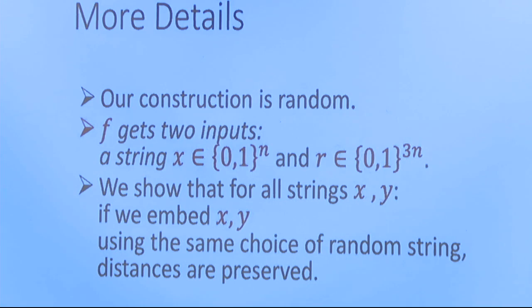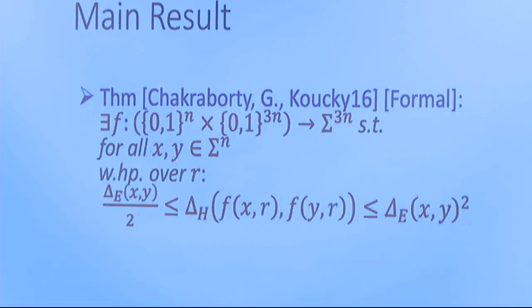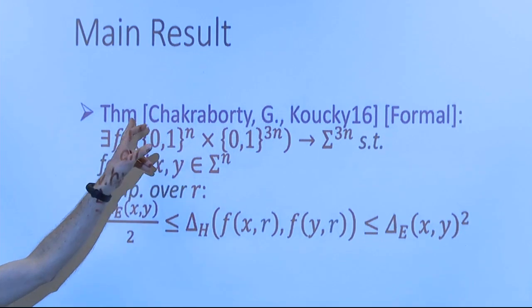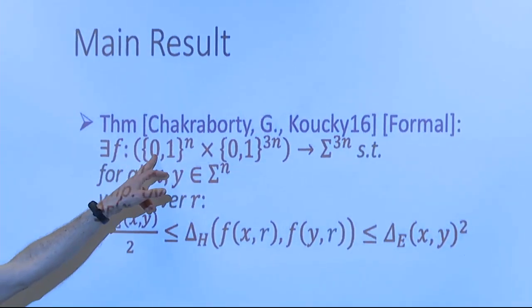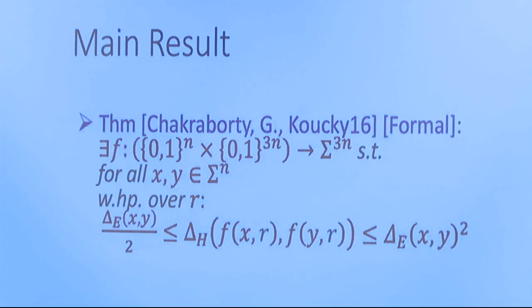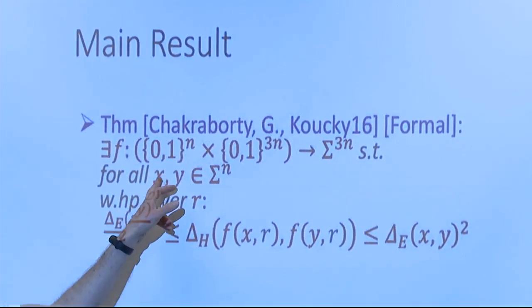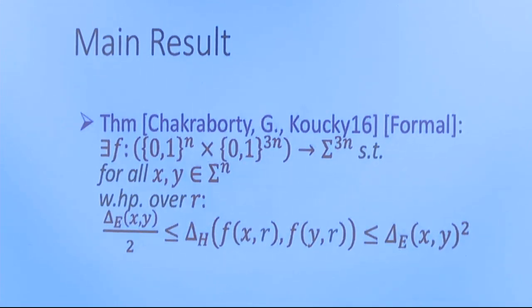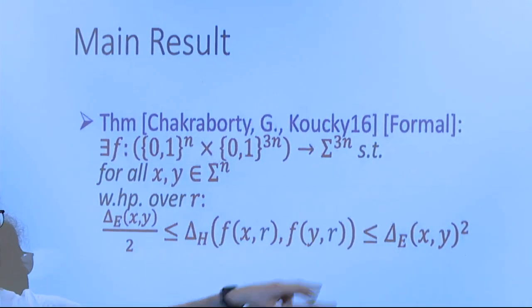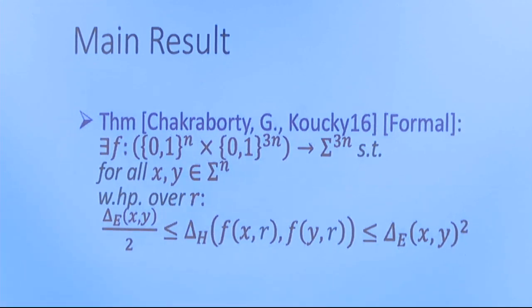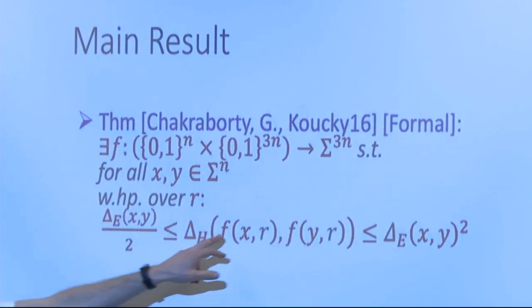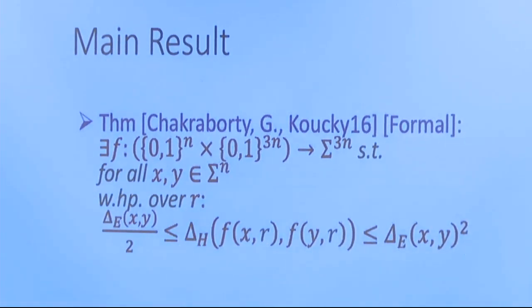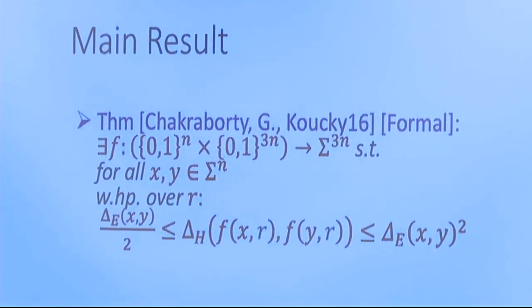To make it more precise, there exists an embedding which takes a pair of strings, the input string and the random string, such that for all pairs x and y, the probability is not over the pairs of x and y. For all x and y, with high probability over the random string, if we use the same random string to embed both x and y, then we get the distortion guarantee.